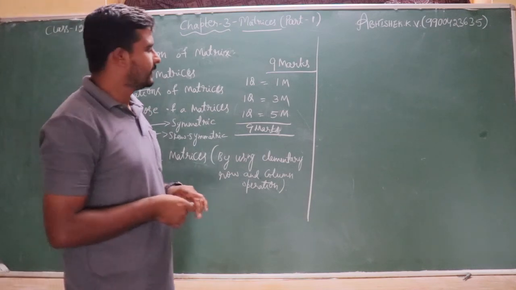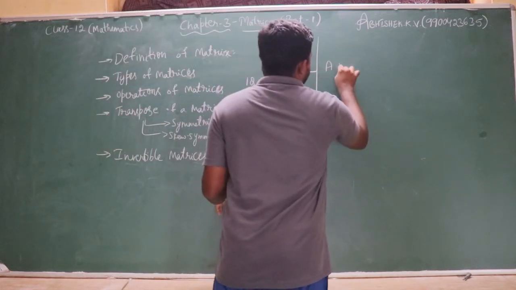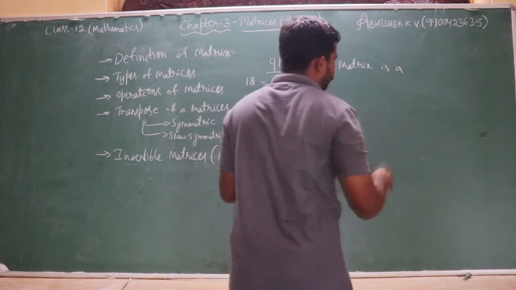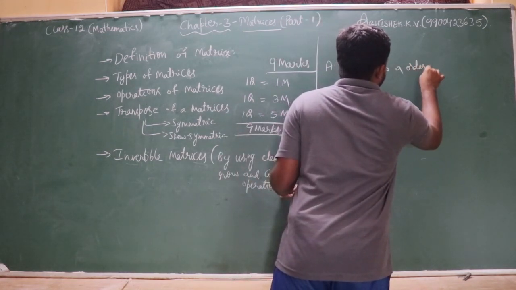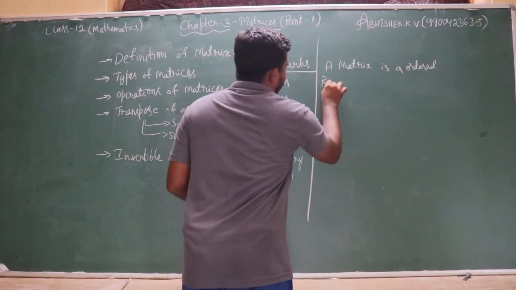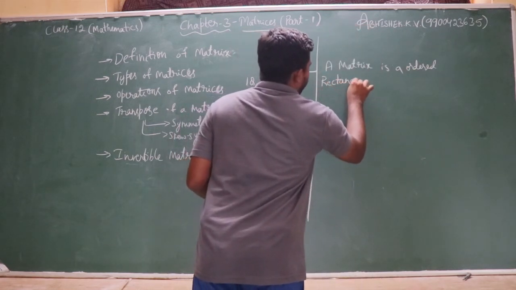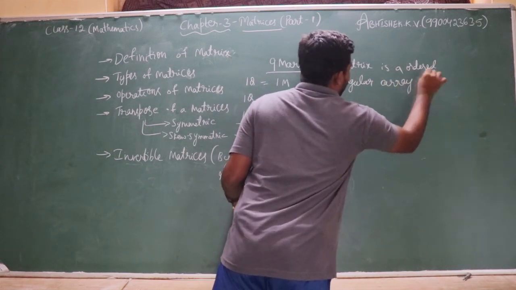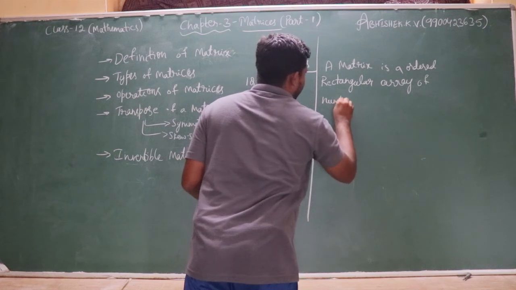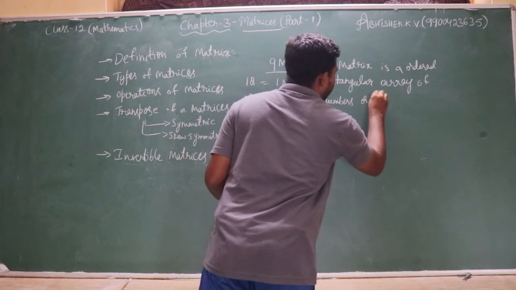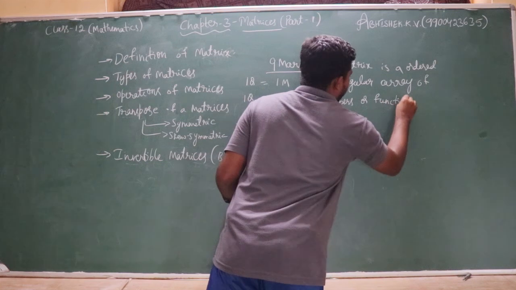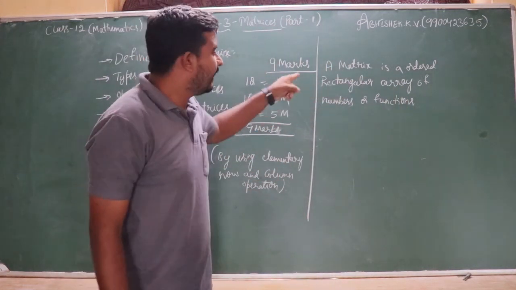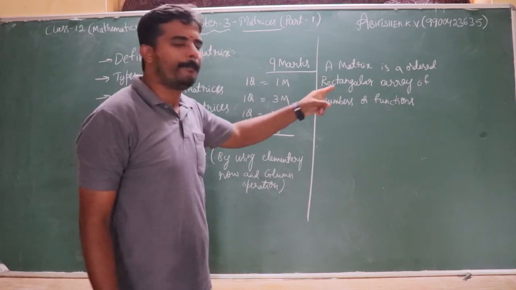What is a matrix? See, the definition says a matrix is an ordered rectangular array of numbers or functions.